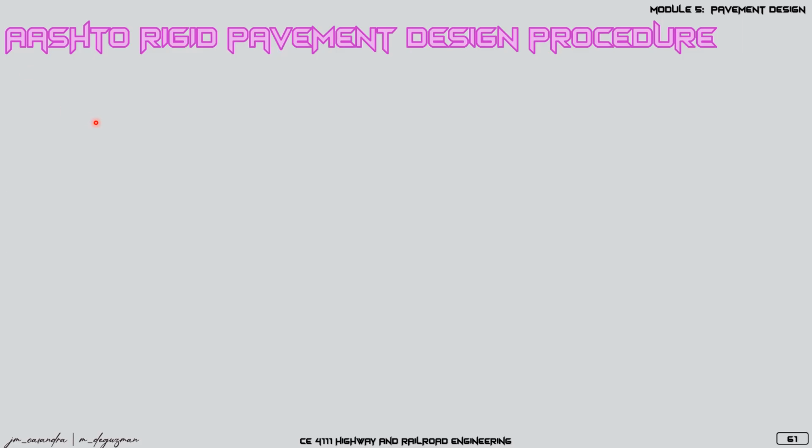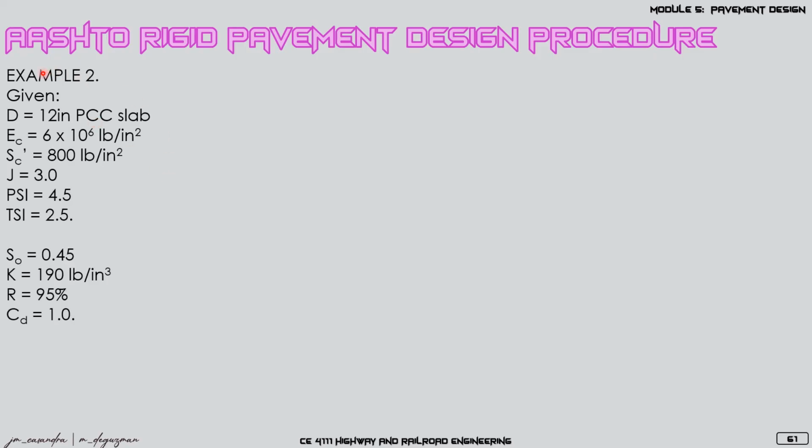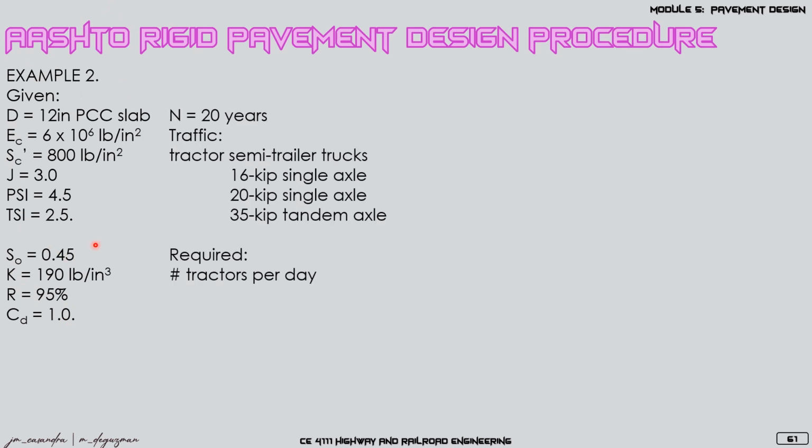So, given now all the data from the problem, we first identify our reliability, Z sub R factor, which is negative 1.645 for a 95% confidence.